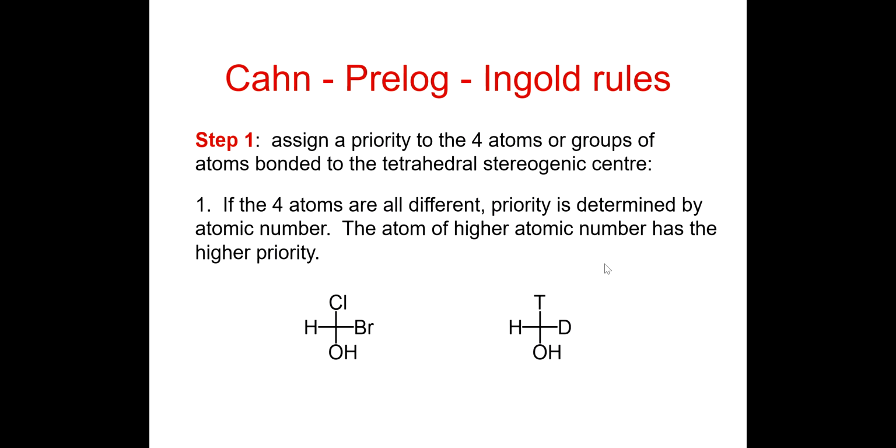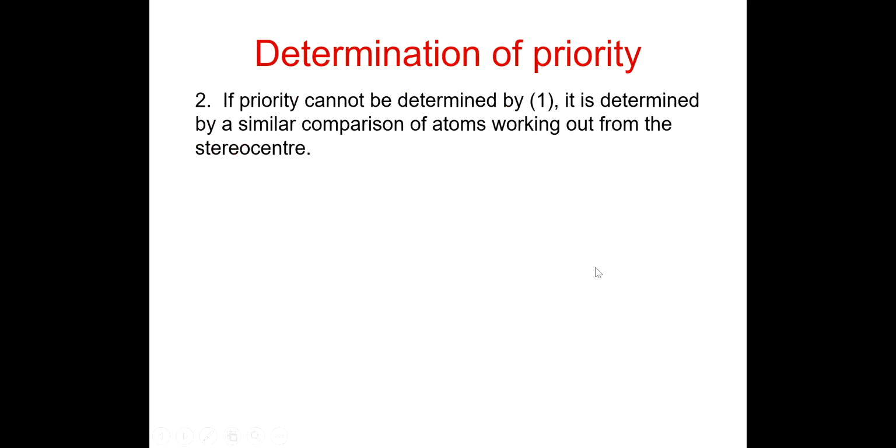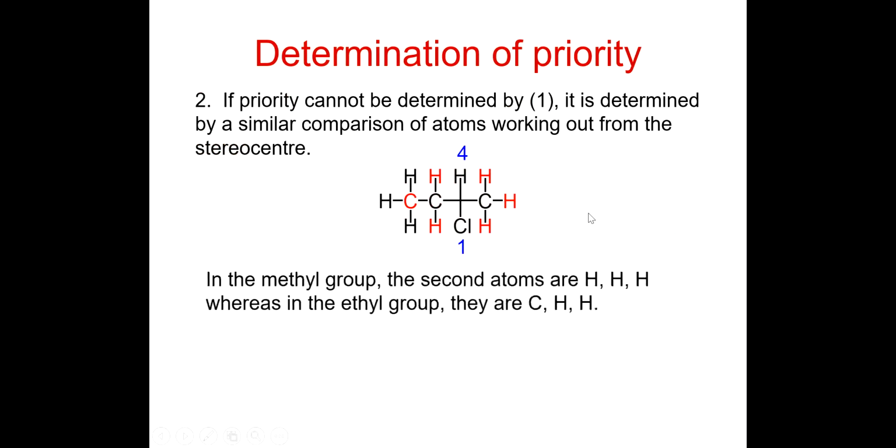So the first step, we need to assign the priority of the 4 atoms or groups. If the priority cannot be determined by rule number 1, then we continue. It is determined by a similar comparison of atoms working out from the stereo center.